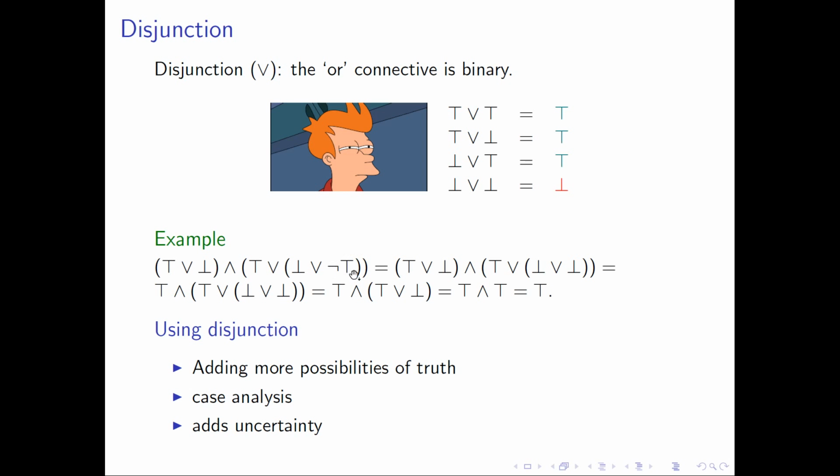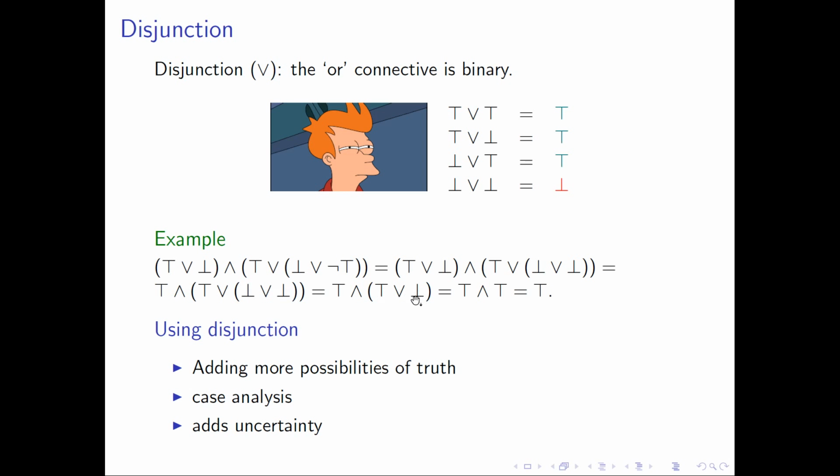We've got this little term as part of this disjunction. Not true is false, so we'll replace it there. Now let's look at this left-hand side here. We've got true or false. True or false is true because one of these things is true, so replace that with true. Now we've got false or false in this innermost bracket, and that can be replaced with false.